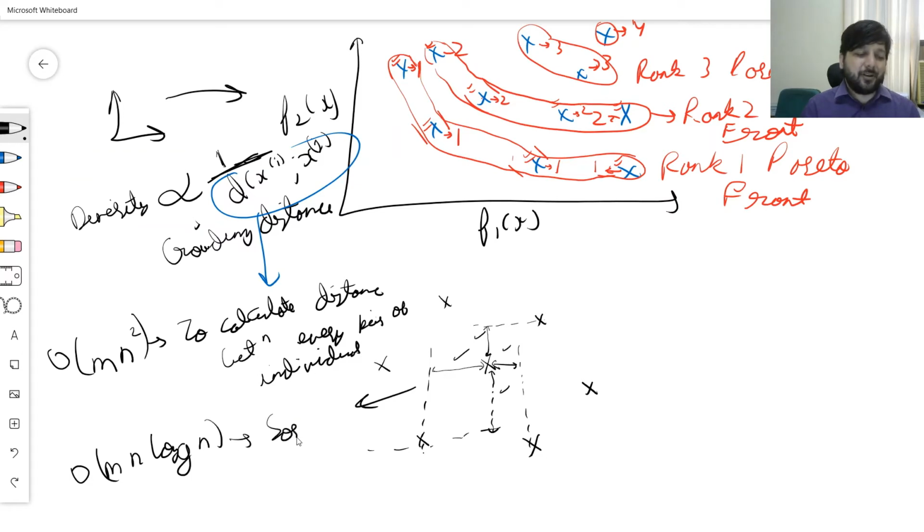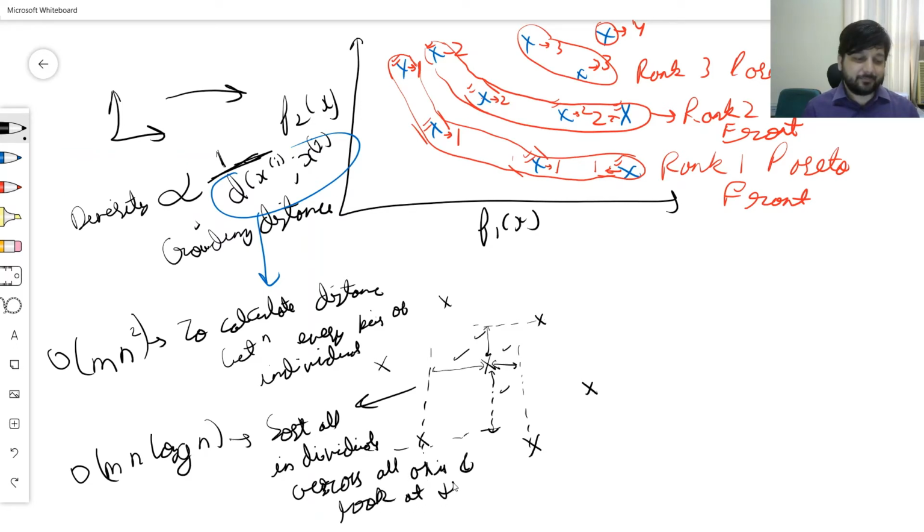basically you sort all individuals across all axes and you look at the neighbors. So sorting is n log n, looking at the neighbors is n, so it's n log n plus n, which is n log n. And you need to do it for all axes.